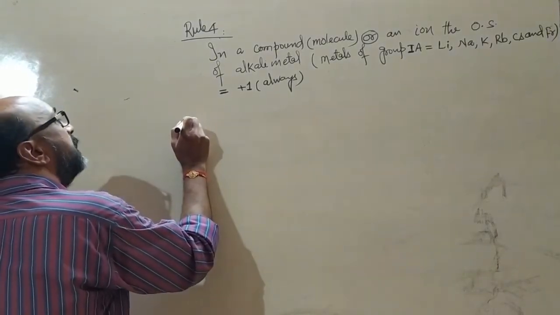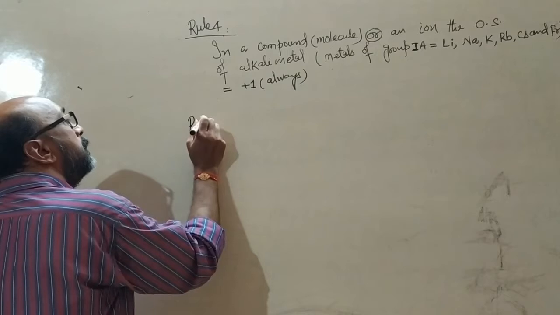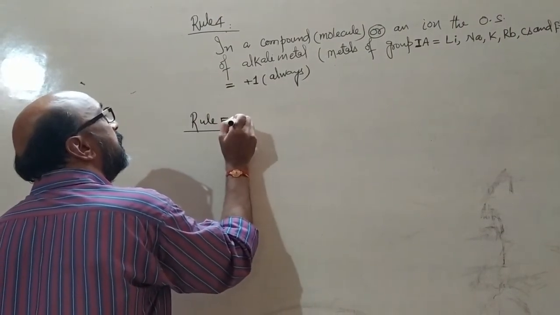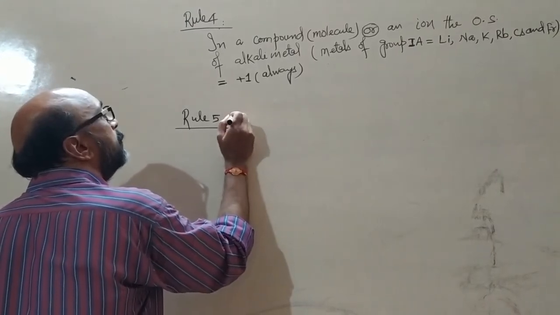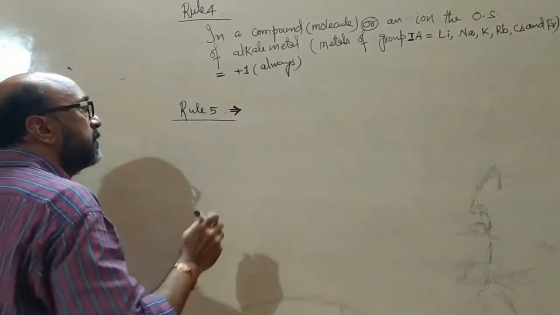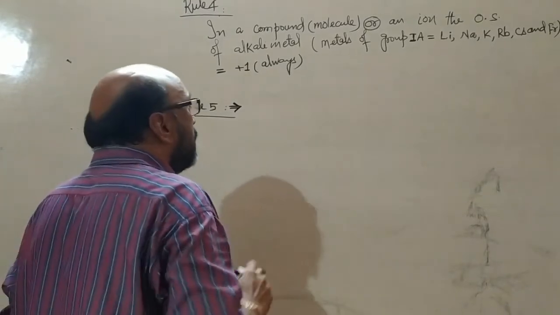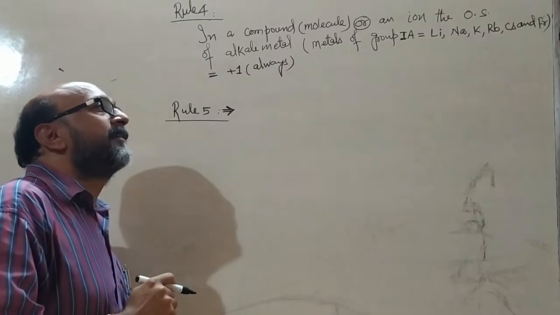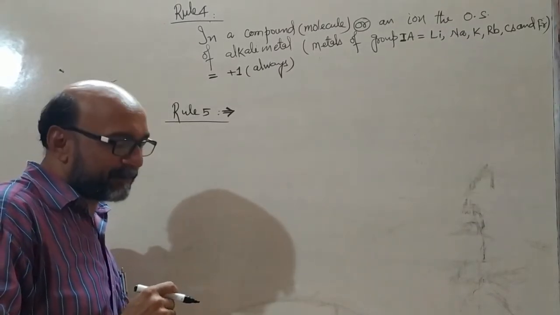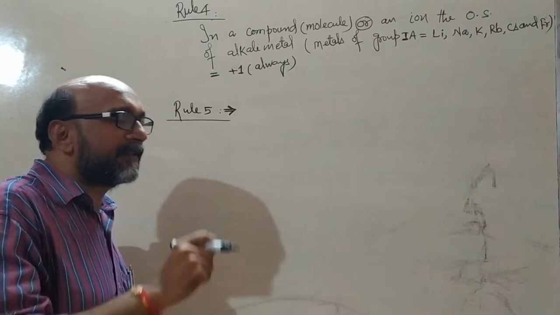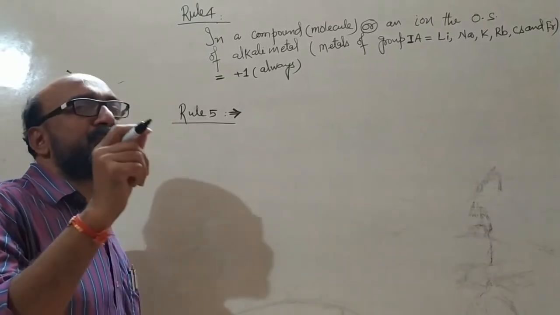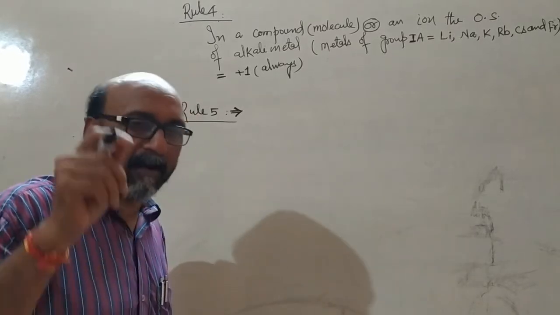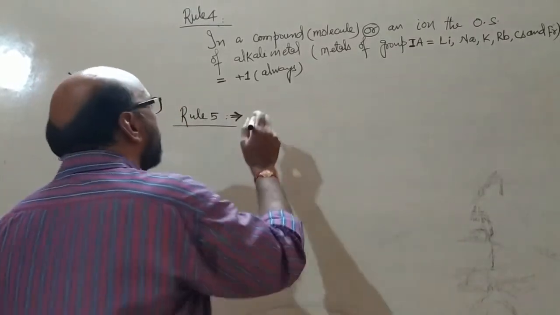And now the next rule, the 5th rule regarding the calculation of oxidation number, is related with the next higher group elements, meaning the metals of group second A. They are called alkaline earth metals.